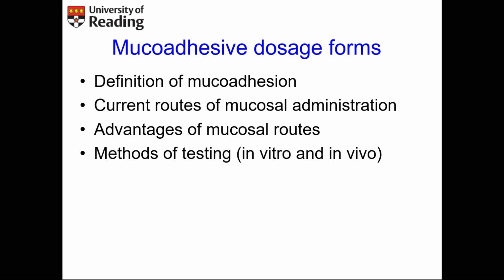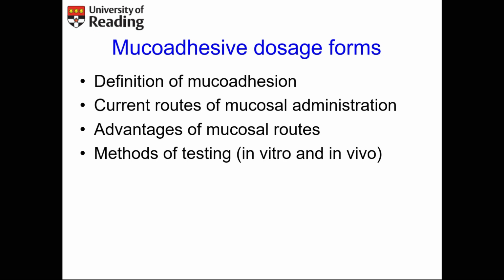Also, you need to have an idea about the methods of testing the mucoadhesive dosage forms in vitro and in vivo. There are a number of in vitro techniques. We discussed some techniques which use the special device measuring the detachment forces of a dosage form from a freshly excised mucosal tissue taken from animals. This is called tensile test.